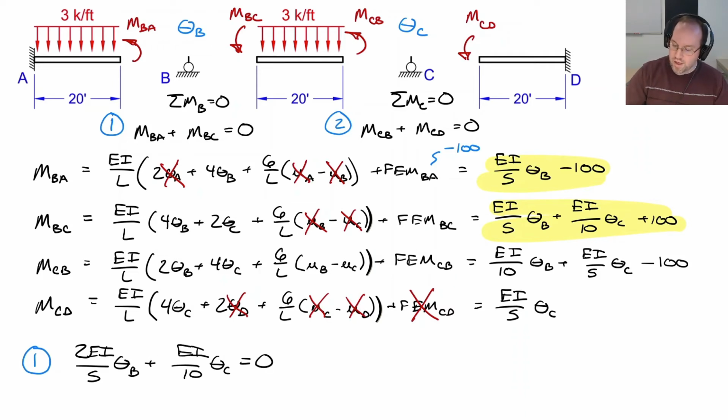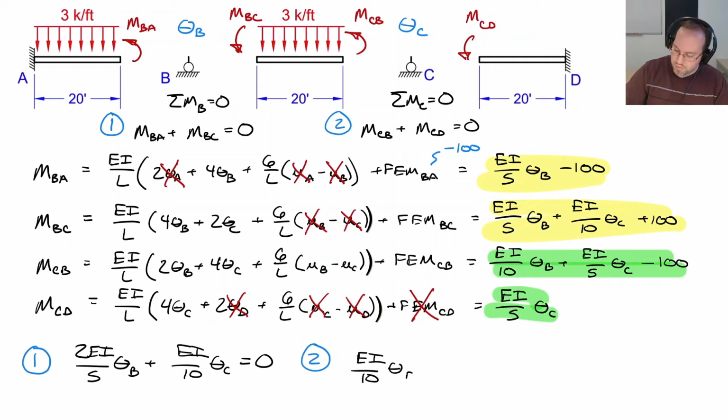We notice that we have a minus 100 and plus 100 that cancels out there. For equation 2, we're going to add up our 2 remaining moments here and set that equal to 0. So if we do that, we'll find that this is EI over 10 times the rotation at B plus 2EI over 5 times rotation at C minus 100 is equal to 0.